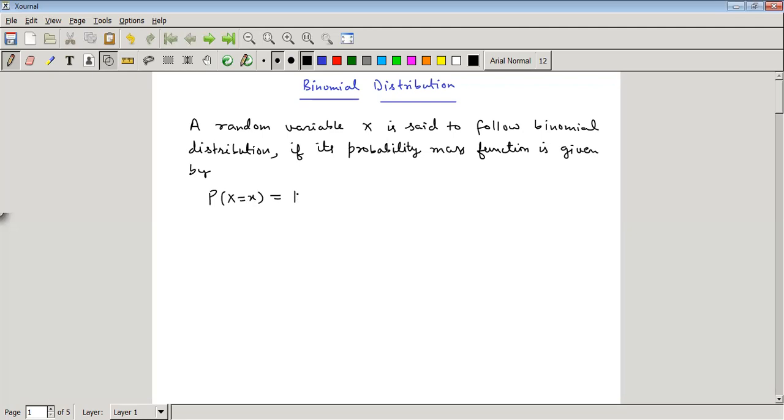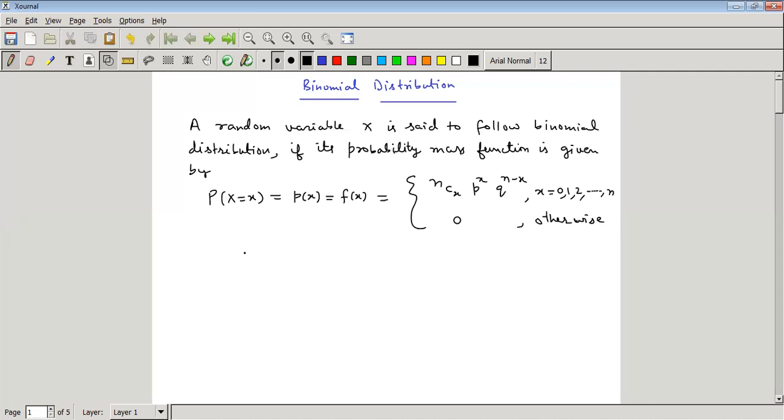Sometimes we denote this by p of x or f of x, that is equal to nCx p to the power x q to the power n minus x, where x is 0, 1, 2, and so on up to n, and 0 otherwise.